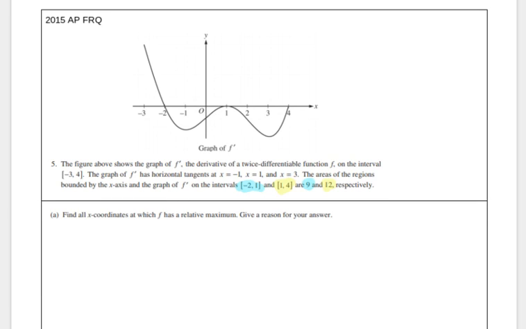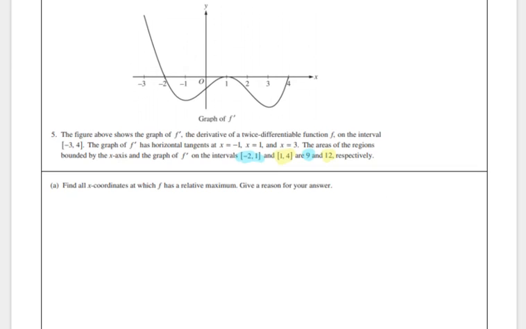Part A says, find all x coordinates in which f has a relative maximum. So we need to remember that a maximum means that we're looking for where the derivative, where f prime, changes from positive to negative. So if we look at the graph, we're looking for x-intercepts where it crosses from positive to negative. So it means we're looking right here.